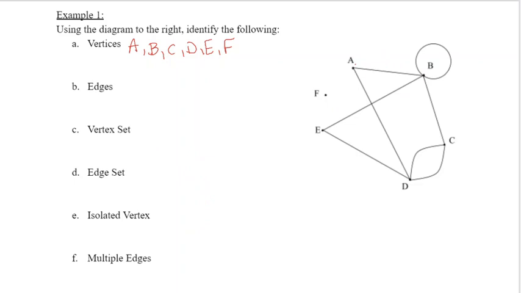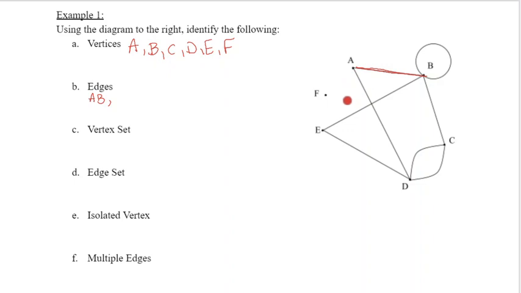So this edge we would call edge AB because it connects vertex A to vertex B. All right, so I'm going to actually highlight all of these so that I know when I have listed them. So I got AB.